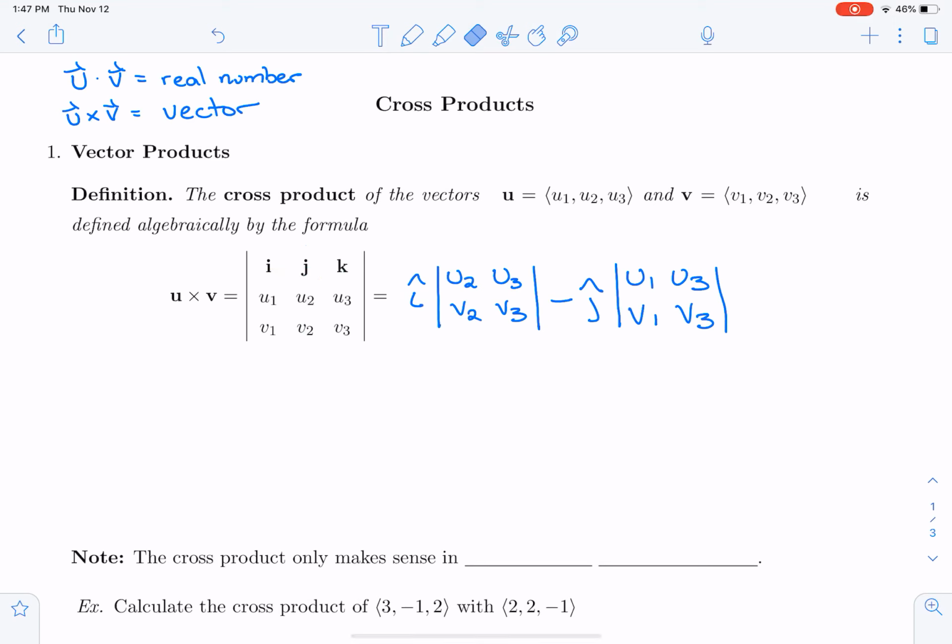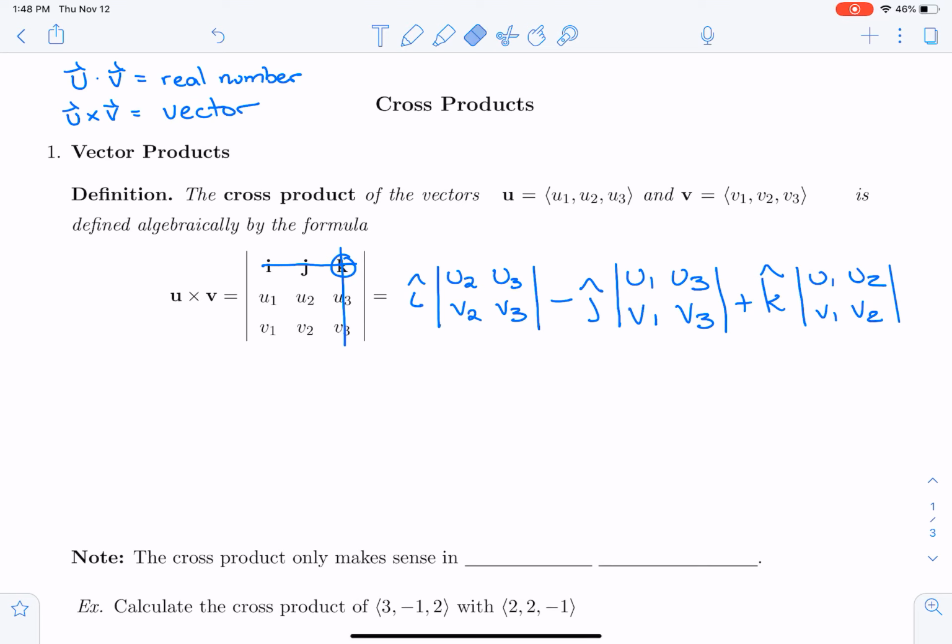I've done i and then j. I go back to k. And I'm going to go ahead and cross out that row, cross out that column, and then I'm going to take the 2 by 2 determinant of what is left, u1, u2, v1, and v2. And so that's how you define a 3 by 3 determinant in terms of 2 by 2 determinants.